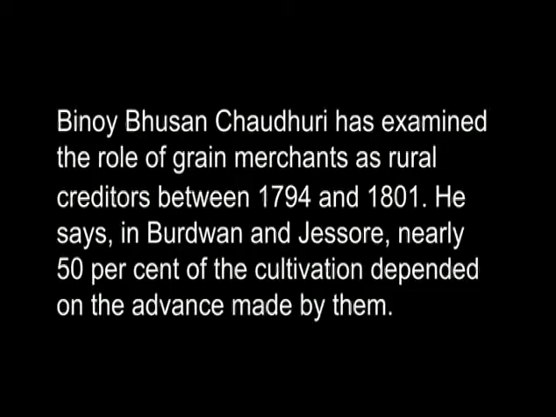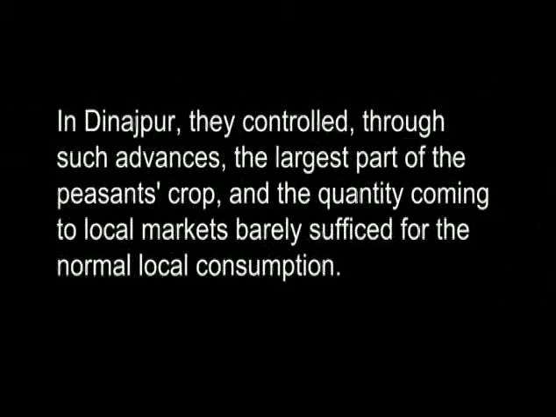He says that in Bardwan and Jessore, nearly 50% of the cultivation depended on the advance made by the moneylenders. In Dinajpur, they controlled through such advances the largest part of the peasant's crop, so that the quantity coming to the local markets, local haats, barely sufficed for normal local consumption. The maximum amount of crops was taken away by those who lent out the money, who gave dadon, who gave advances.